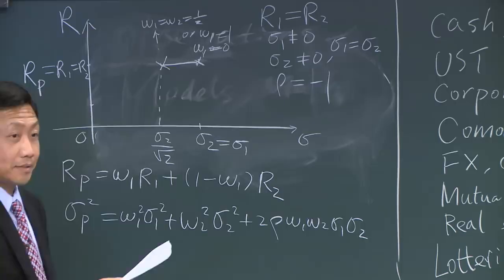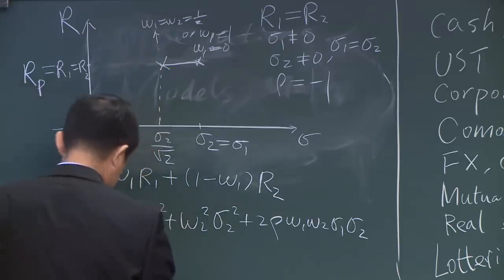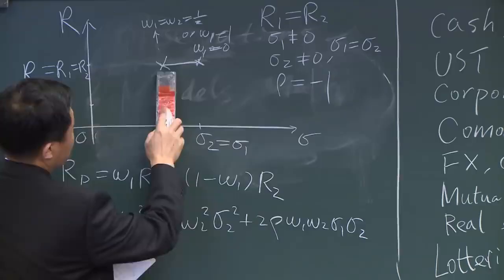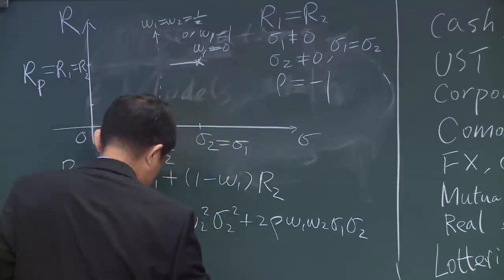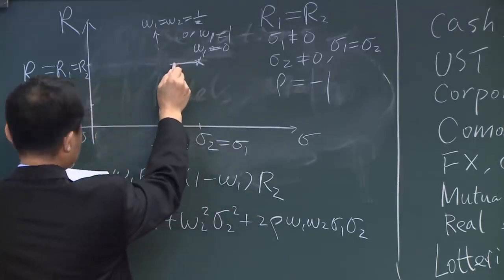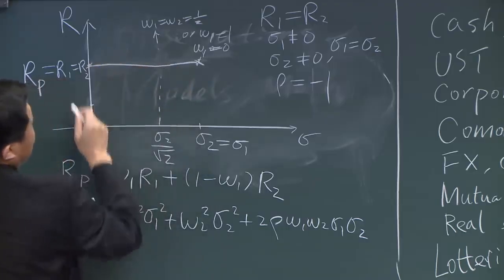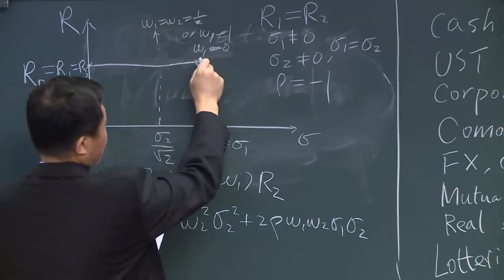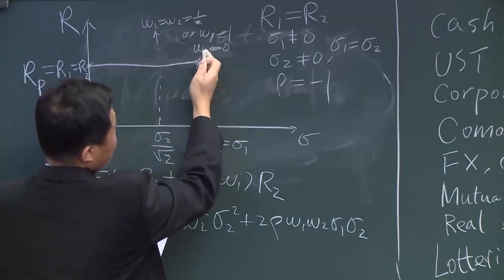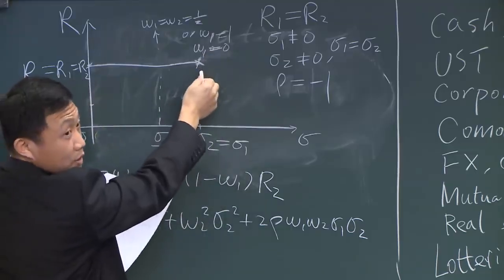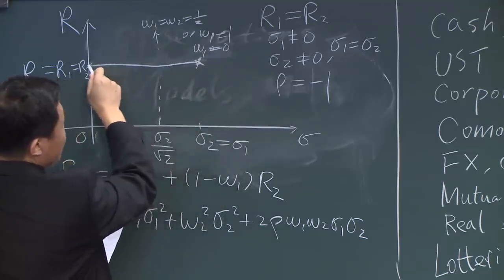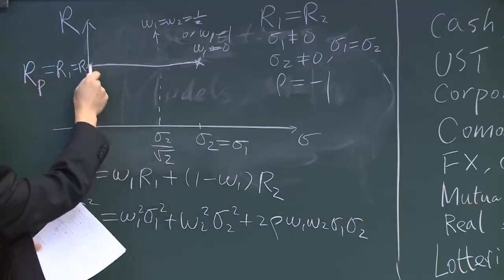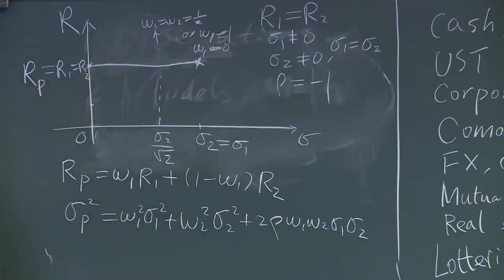What does this line look like? So if you weight everything to one side, you're still going to get this point. But if you weight half and half, you're going to achieve basically zero variance. I think you showed that last time. You learned that last time.